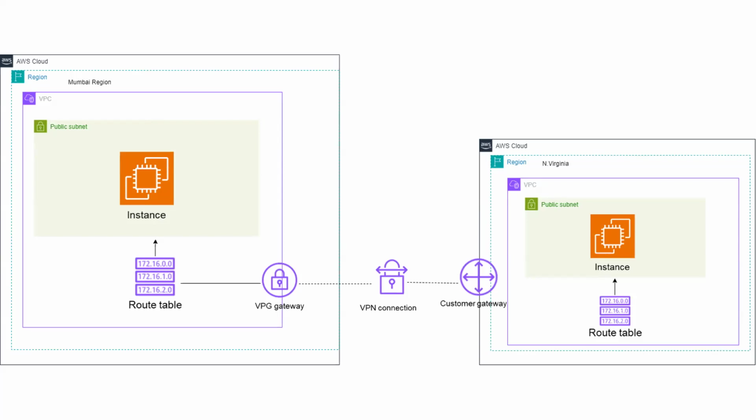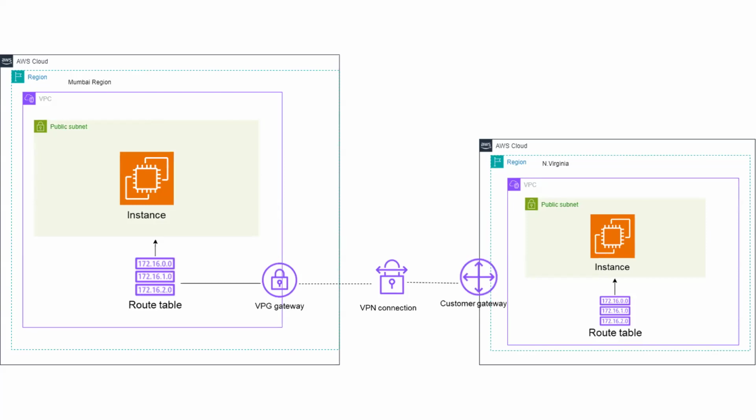Then a route table is also created, which determines how the traffic is routed within a VPC. It directs traffic to the appropriate gateway exit point to reach its destination, like a map for residents in the VPC to navigate. And here, as you can see in the Mumbai region, we have created an EC2 instance, which is a virtual server running in the AWS cloud.